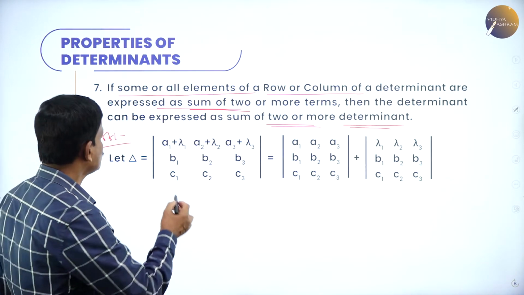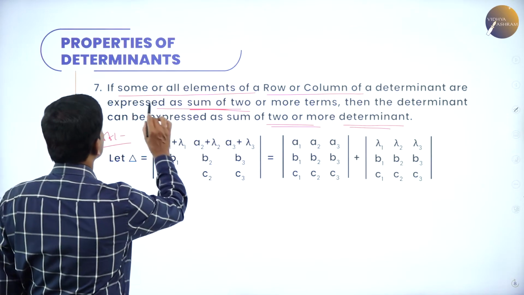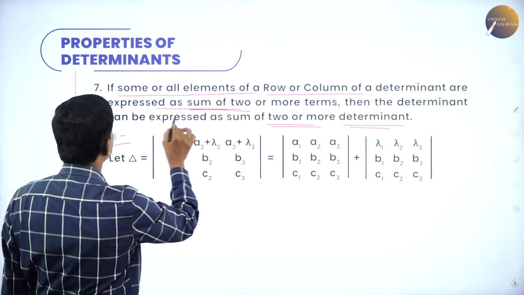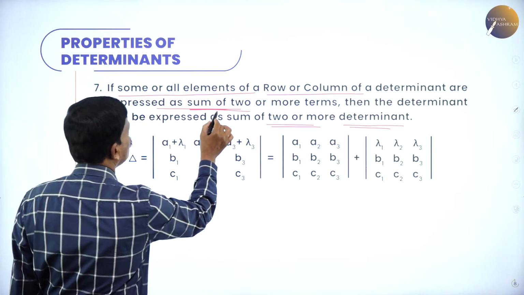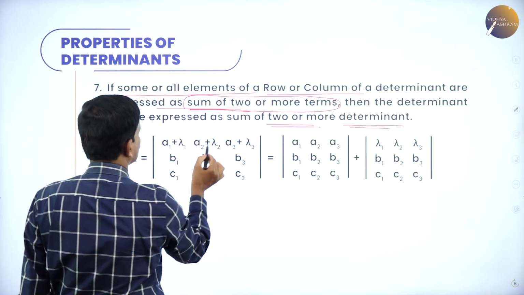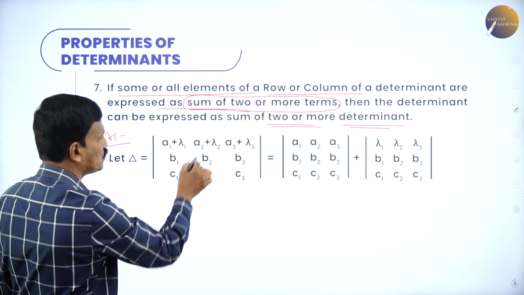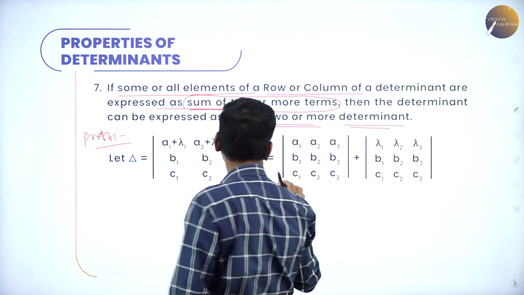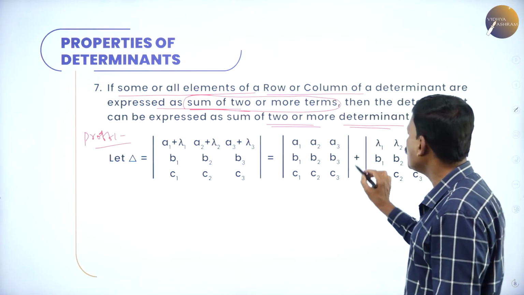If some or all the elements of a row or column of a determinant are expressed as the sum of two or more terms, then the determinant can be expressed as the sum of two or more determinants.